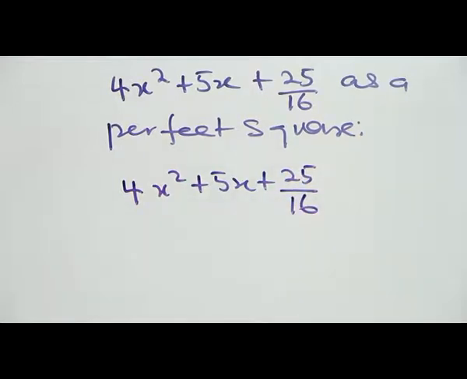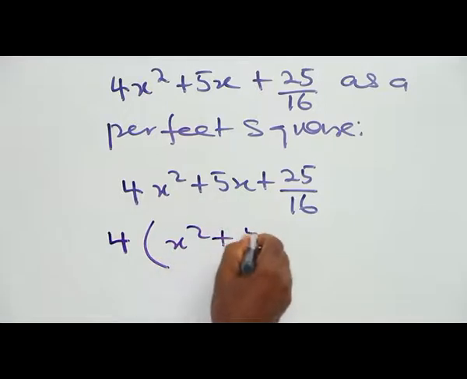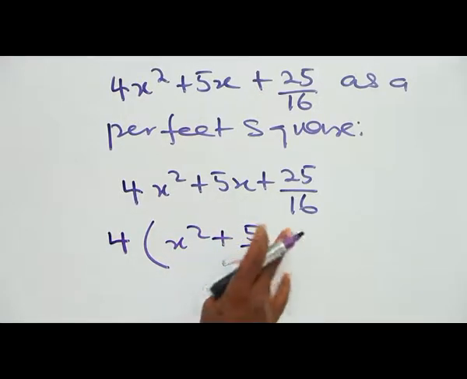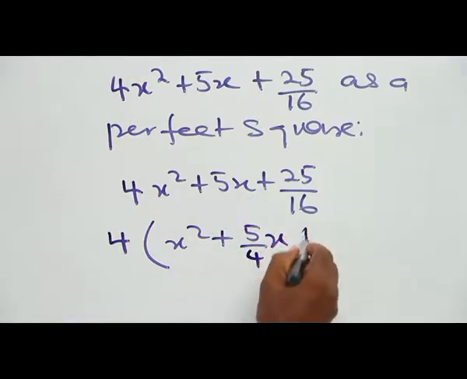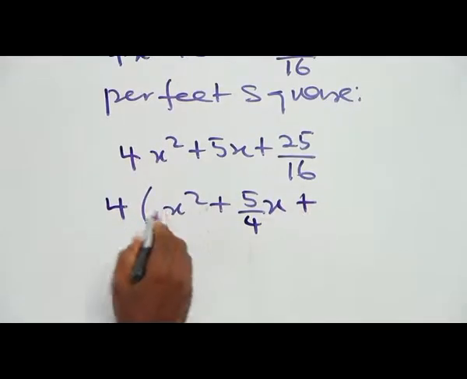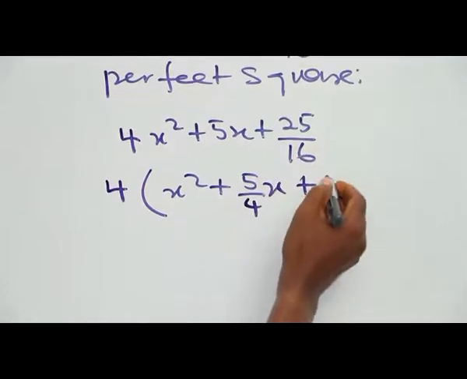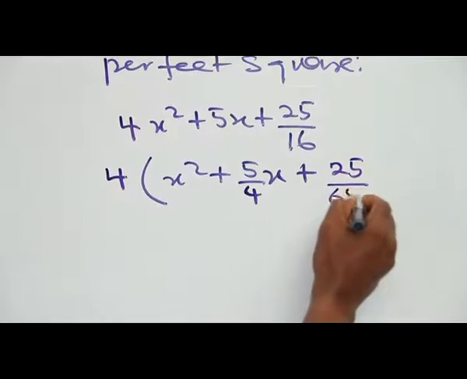You will recall that we can write this as 4 into s squared plus 5 all over 4s and then plus, I'm dividing through by 4 now, if you now divide this through by 4, you now have 25 all over 64.